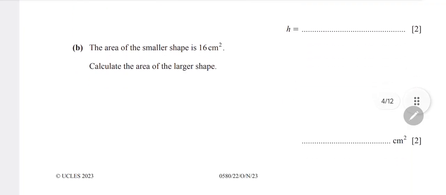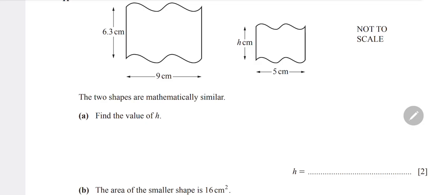The area of the smaller shape is 16 centimeter square. Calculate the area of the larger shape. How can we do this? To find the area of the larger one, we have a formula.